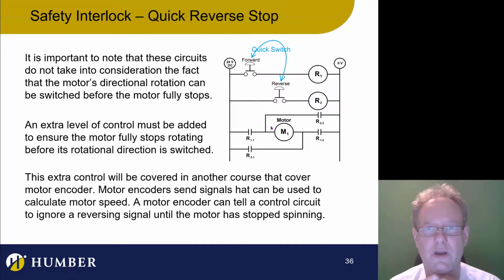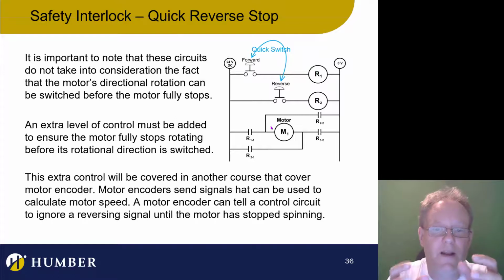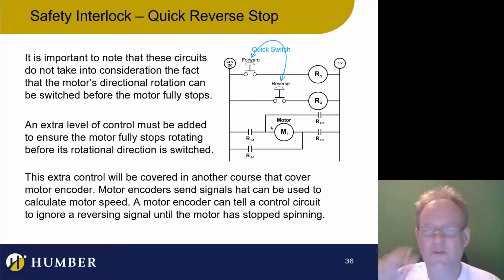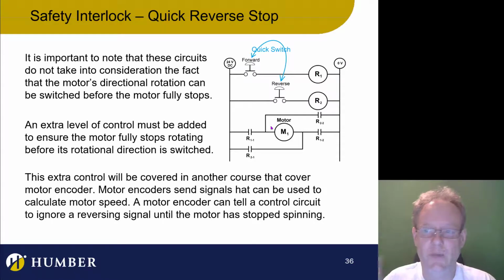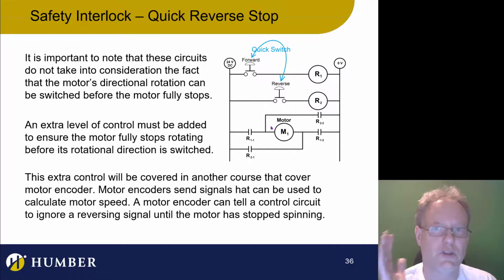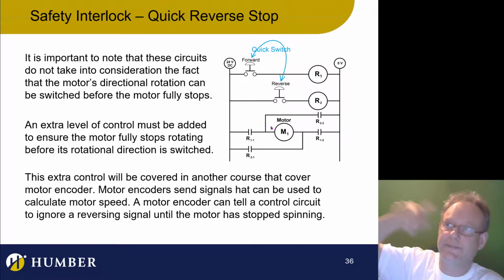What we need is a motor encoder, and then we need a more complicated circuit to take the extremely low voltage signal from my motor encoder and put it into my logic to say, maybe it's going to open a relay contact to say, no, you cannot turn the reverse on. Say it's going forward, and you let go, and it's still spinning.